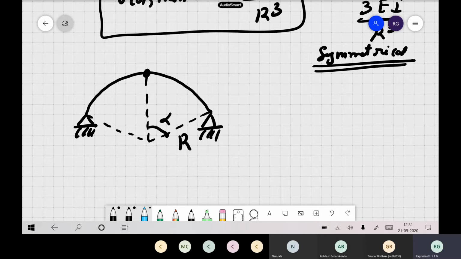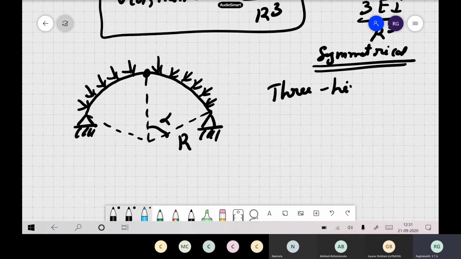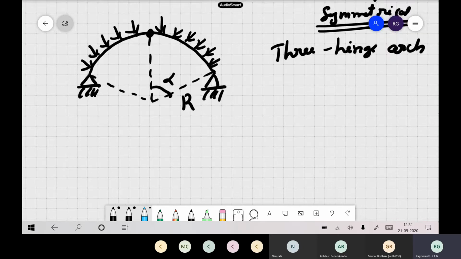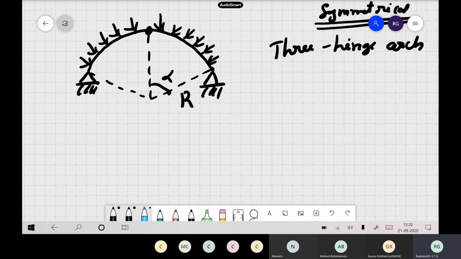And of course, same thing, you have the radial type of load. So now this is a three-hinged arch, which is famous in our structural analysis also, to make it a statically determinate kind of problem. So now what happens to this symmetrical arch?